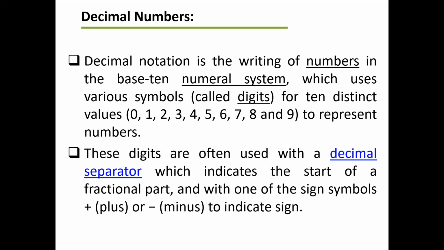Di ba? Kaya nga minus 1 eh. So from 0 to 9, you have to represent that decimal notation, and ang gagamitin na base ay 10. These digits are often used with the decimal separator, which indicates the start of a fractional part, and with one of the sign symbols, plus or minus, to indicate the sign.